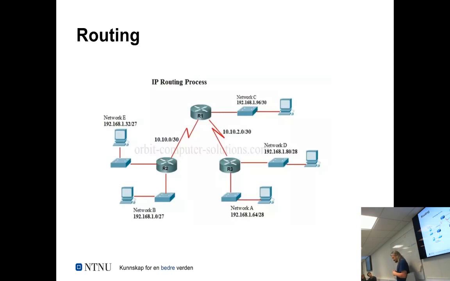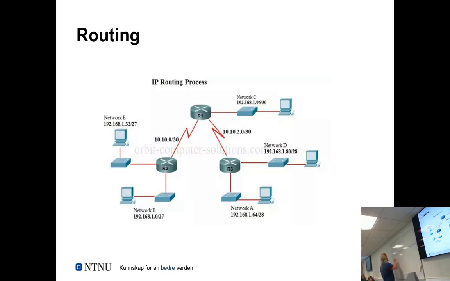Now what does the slash 27 mean? So in networking, this says, okay, this bit is your network address. And the 192 is a local address space. Mask. It's a bit mask.